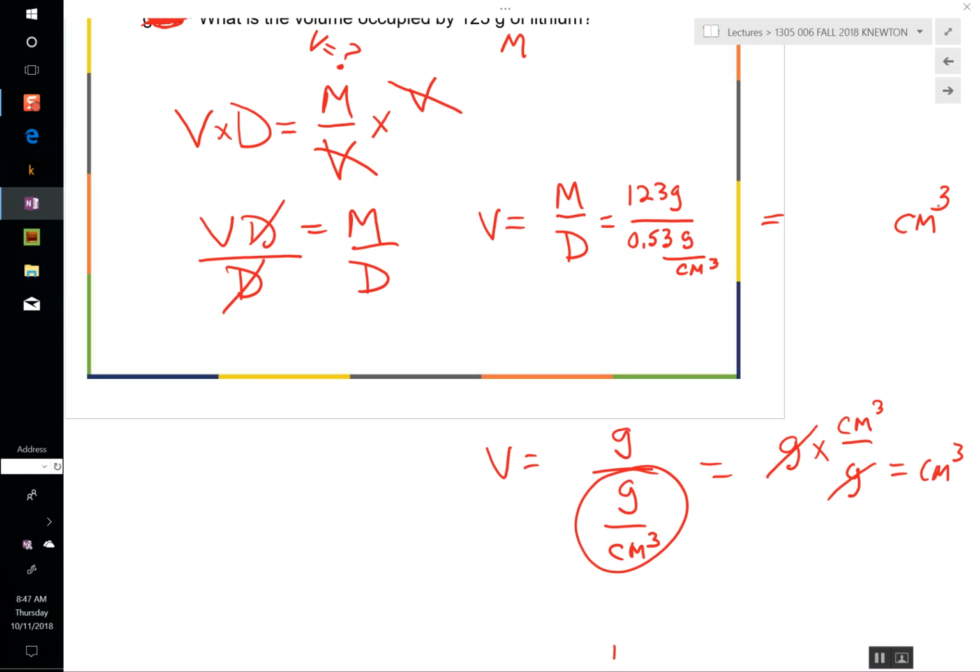Since it's 232, we're going to say 230. So round down, 230 cubic centimeters. It came out to be 232.07 something, so we would round that to 230 cubic centimeters.